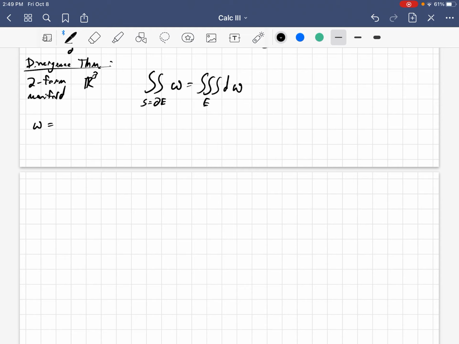Well, omega is, and realize that all my functions here are in R3, so it's of x, y, z, but I just don't want to write of x, y, z every time. So we're going to have p dy dz plus q dx dz plus r dx dy.